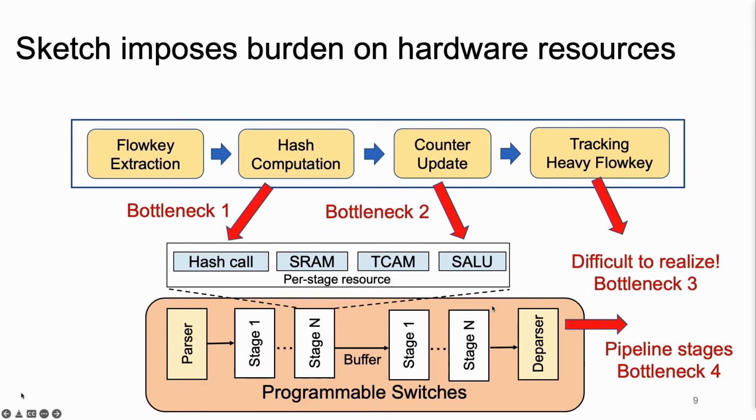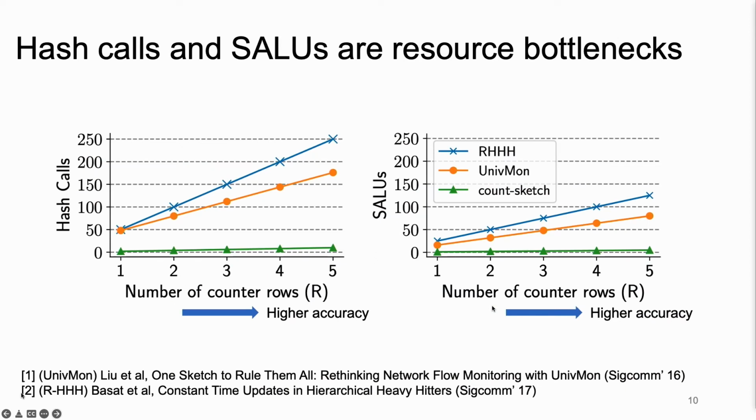In the next slide, we will take a look at the bottleneck analysis result for two bottleneck resources, hash calls and SALUs. So this is the bottleneck analysis result for hash calls and SALUs. The x-axis is one of the sketch parameters, the number of counter rows. A higher number of counter rows is desired because it can achieve higher accuracy. The y-axis represents required hash calls and SALUs.